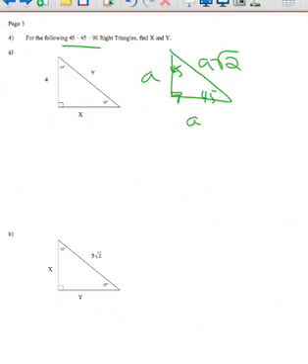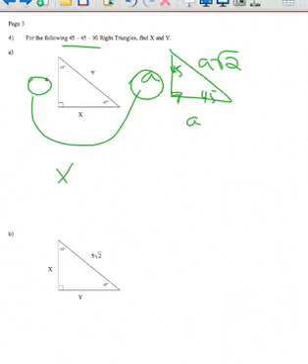So if we know that A equals 4, X will also equal 4, and Y is going to equal A rad 2, or in this case, 4 rad 2.